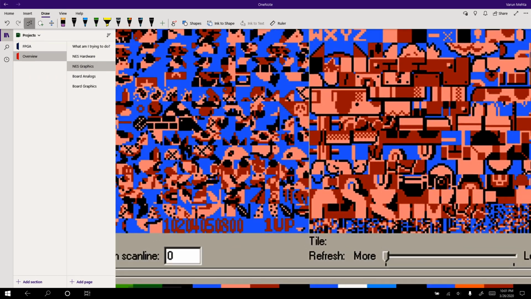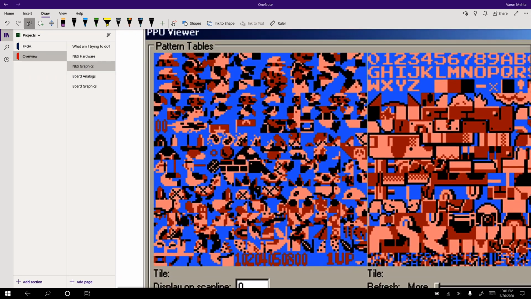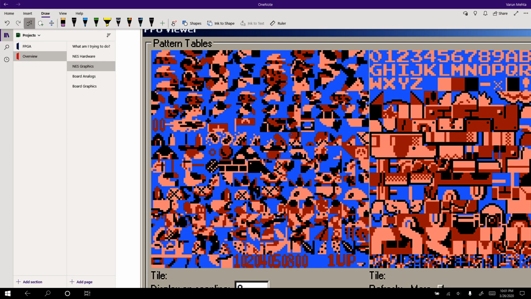All right, but the left-hand side here, these are our sprites. So some of this should look familiar, right? You're seeing pieces of big Mario, pieces of small Mario. You see parts of Koopas down here. You see part of the mushroom here. Looks like a cheep-cheep part, I think.